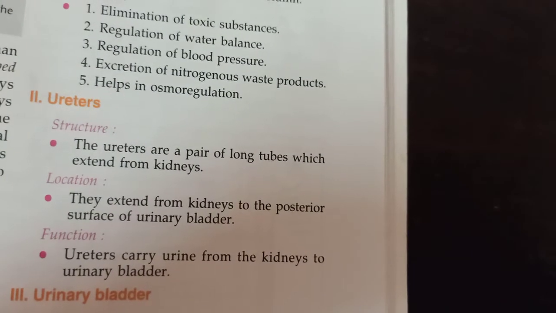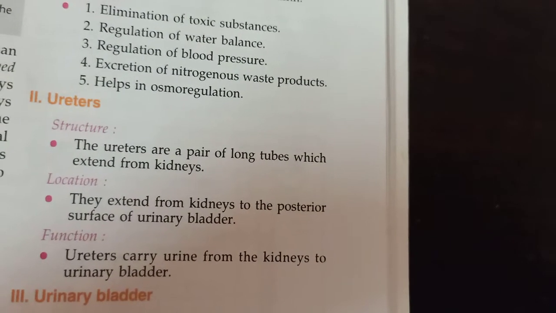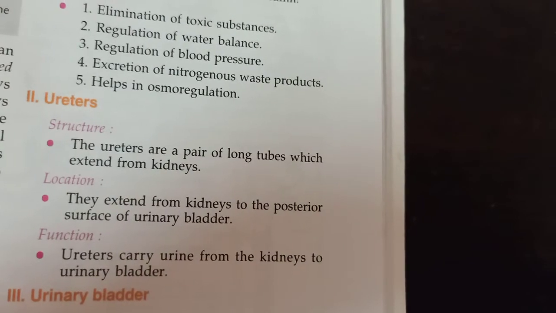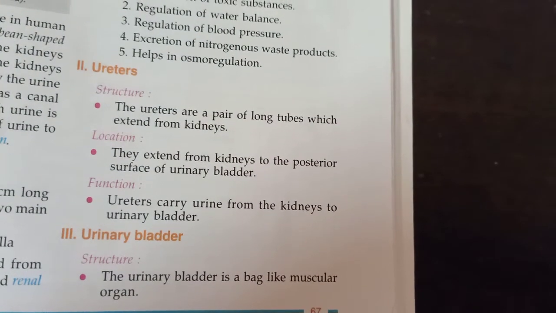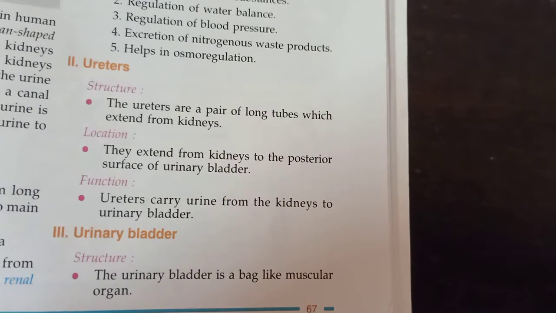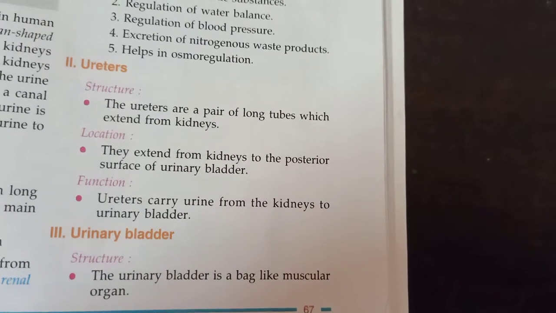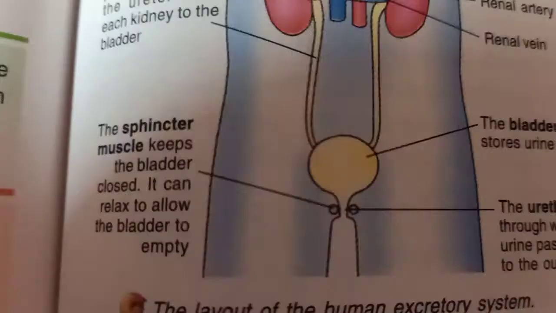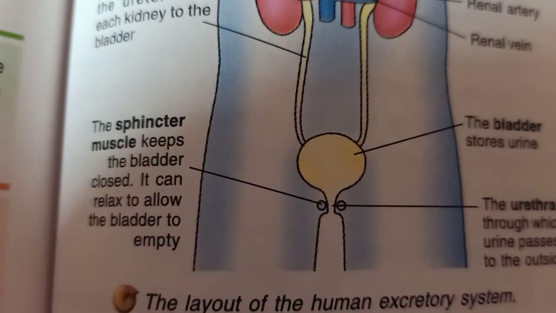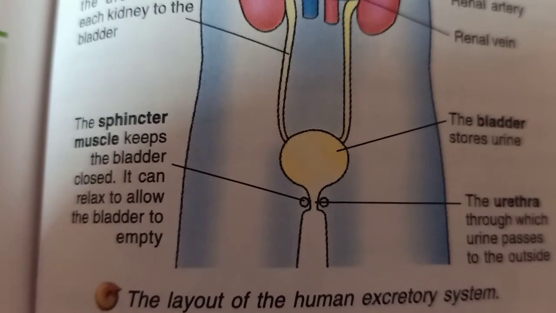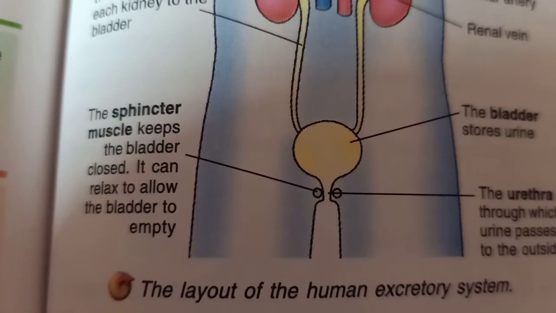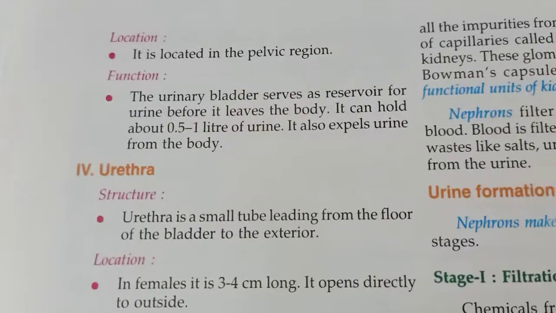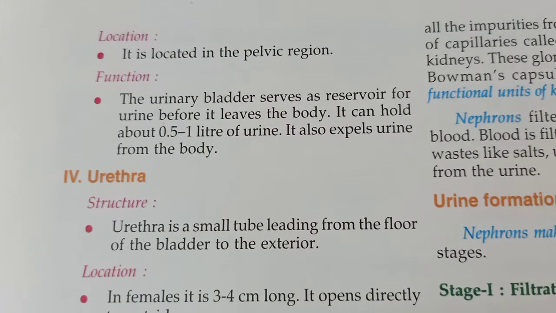Its function is that it carries the urine from the kidney to the urinary bladder. Now the third one is urinary bladder and its structure. The urinary bladder is a bag-like muscular organ. As you can see in the diagram, this is the diagram of a bladder, and it is a bag-like muscular organ. Now we see the location of ureter.